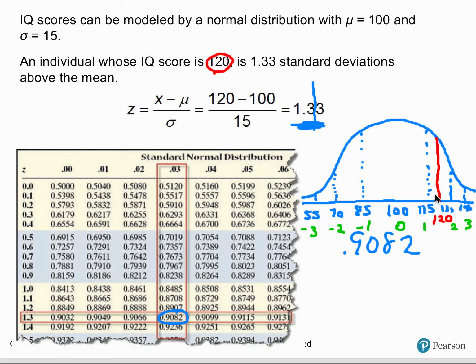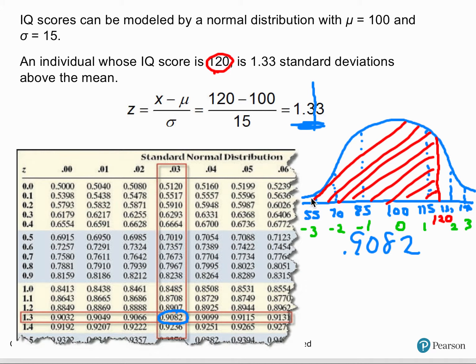What we want to understand about what this table is telling us is, remember, we have 2 interpretations. It's telling us the area under the curve to the left. Every value in the table is to the left of our value under consideration, as a z-score, remember this is 1.33.